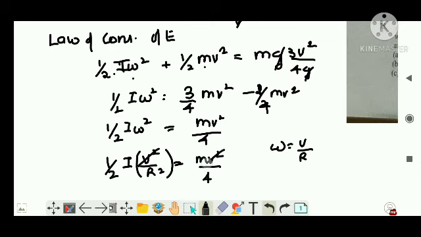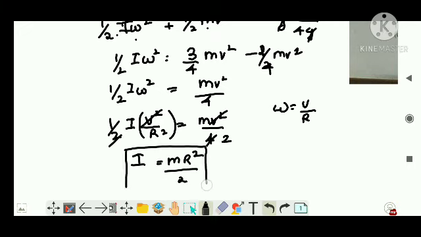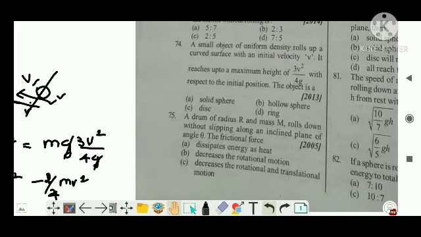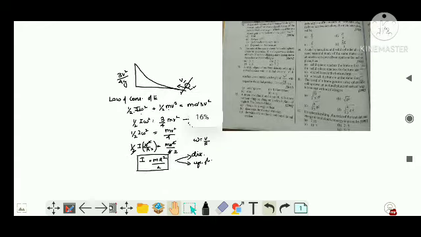So you can cancel v squared, and you can cancel this 2 with this 4, so this becomes 2. So I is equal to mr squared by 2. So you got the moment of inertia as mr squared by 2. That means the object can be either a disk or a cylinder. Clear? In this question there is no cylinder mentioned, only disk is mentioned, so you can say it is a disk. I hope this much is clear.